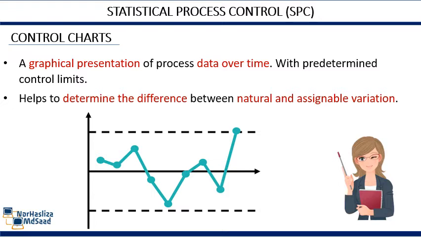When the variation exceeds the control limits, there is a problem. However, if the variation goes below the lower limit, there is not a problem. This situation is very easy to see on the graph.